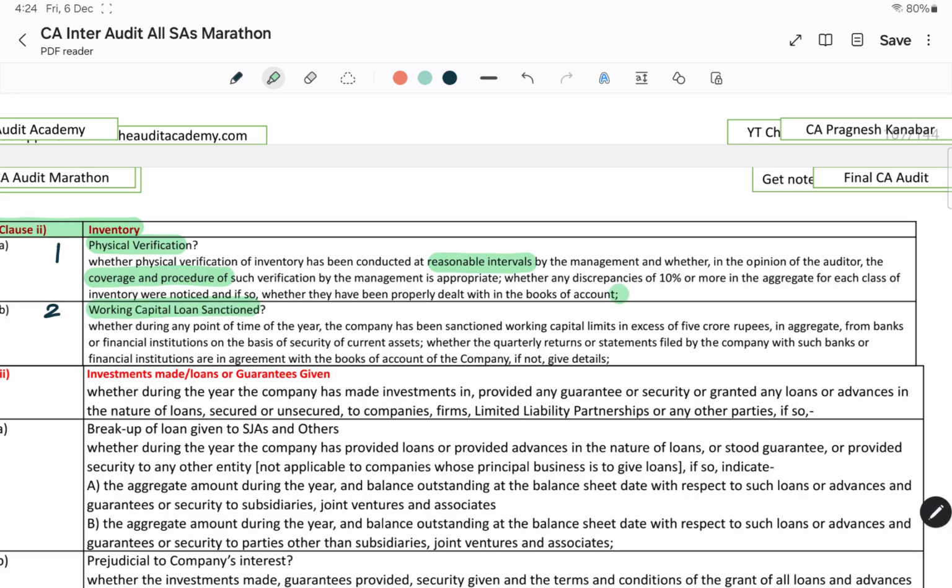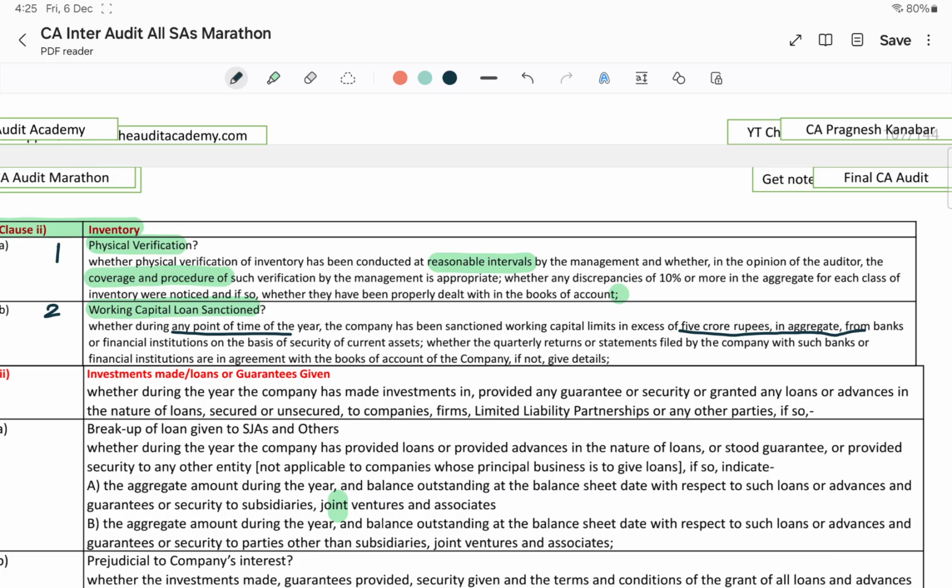Next is working capital loan. Whether during any point of time of the year, the company has been sanctioned a working capital limit in excess of 5 crore rupees in aggregate from the bank or a financial institution on the basis of the securities of the current asset.